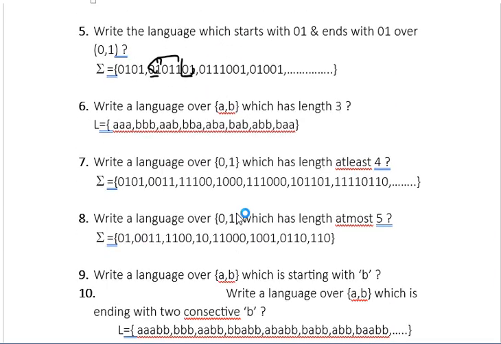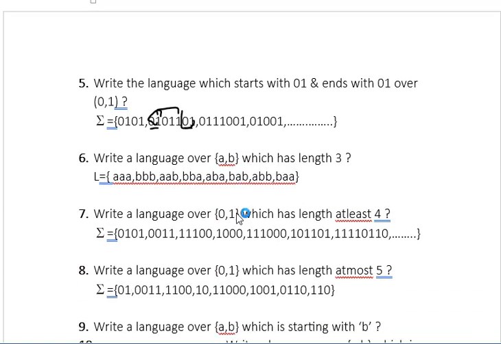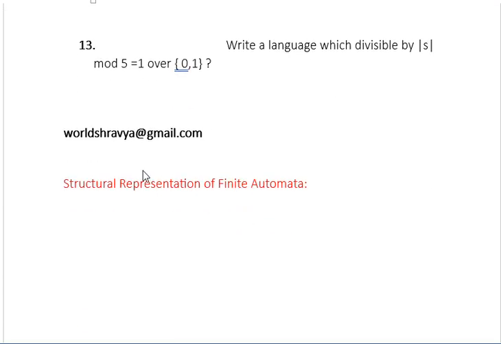And you have to practice as many questions as there are. Only then can you get to know how it works. Practice is more and more important. Try this solution, and remember the remainder should be 1, not 0. Remember this. So try the solution and send it to my mail ID.